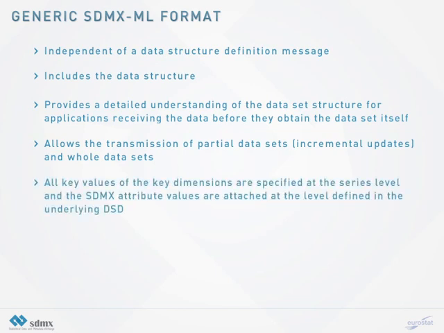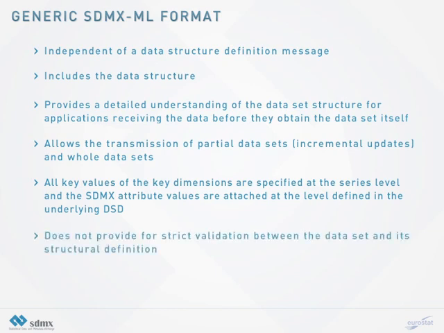All key values of the key dimensions are specified at the series level, and the SDMX attribute values are attached at the level defined in the underlying DSD. It does not provide for strict validation between the datasets and its structural definition. And it is not intended as a concise format to be used for large volumes of data.